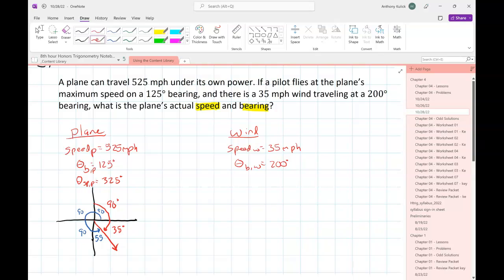The SP is for standard position, the P is for the plane, just so I don't confuse myself. I'll do the same thing for the wind then. So 90, 180, and 20 more.